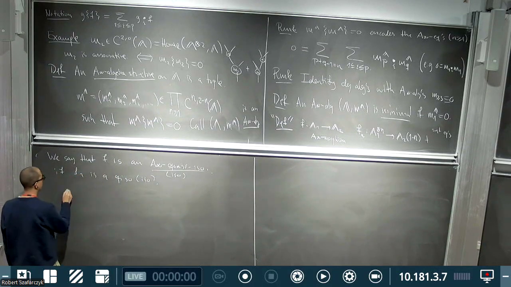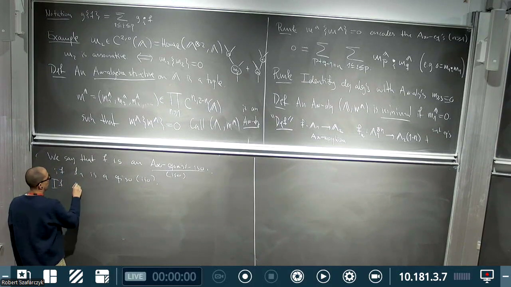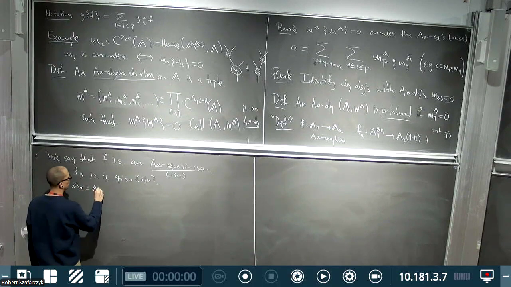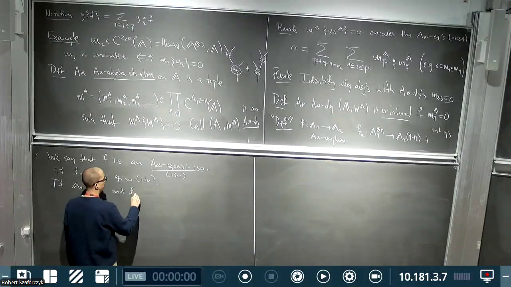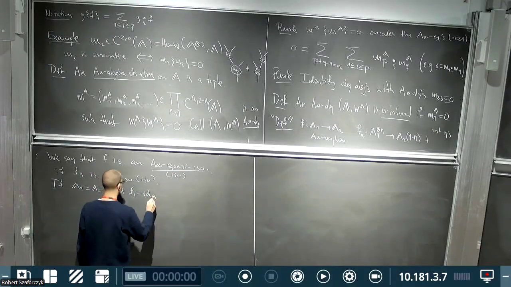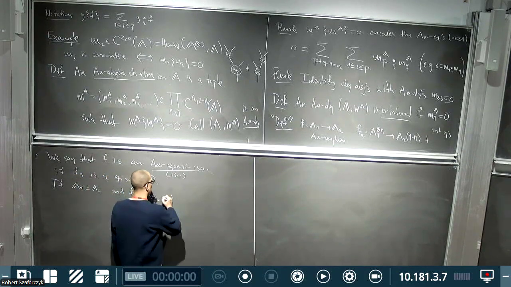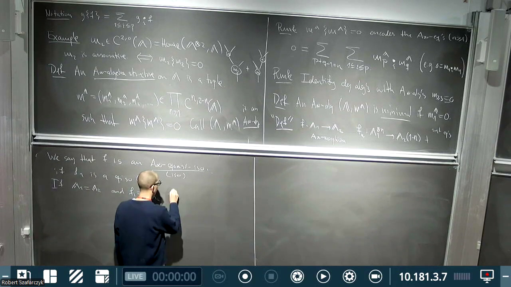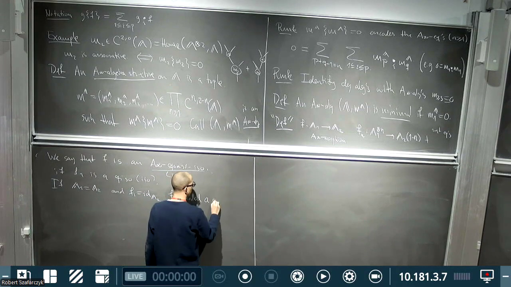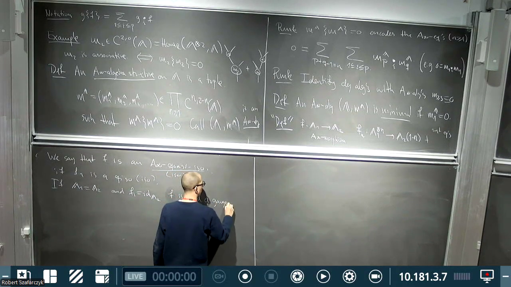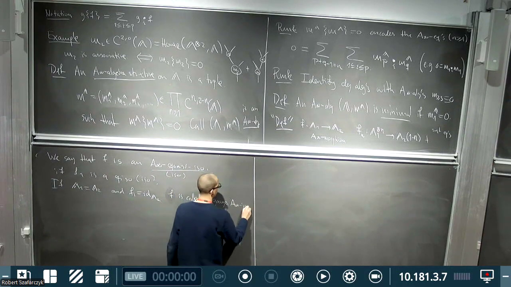Or you can also say that when lambda 1 equals lambda 2 and F1 is the identity of lambda 1, F is called a gauge A infinity isomorphism.